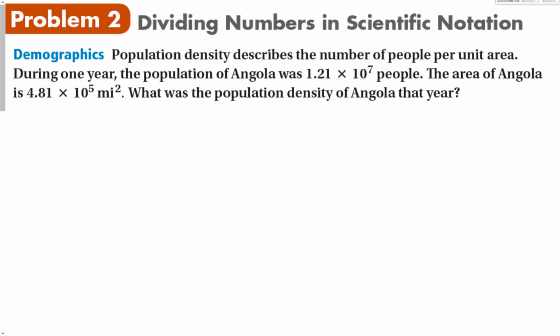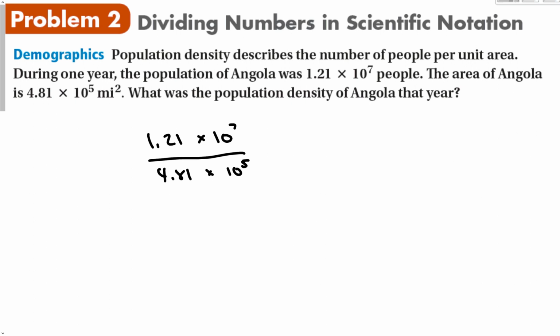The area of Angola is 4.81 times 10 to the 5th miles squared. What's the population density? That means we are going to take 1.21 times 10 to the 7th divided by 4.81 times 10 to the 5th.